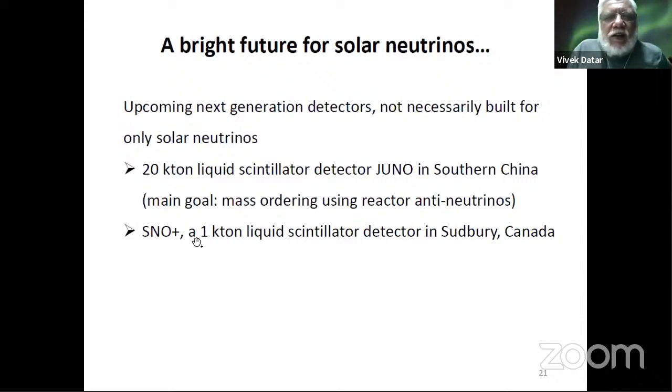SNO+ is also a detector, a 1 kiloton liquid scintillator detector in the Sudbury mine. Their main goal is to put tellurium in it and look for neutrinoless double beta decay. But again, usually all these big detectors have other goals and other physics they can do, and they highlight that as well. One of the things it can measure is, of course, solar neutrinos. Just as with the 1 kiloton heavy water detector, they measured the neutral current signal.